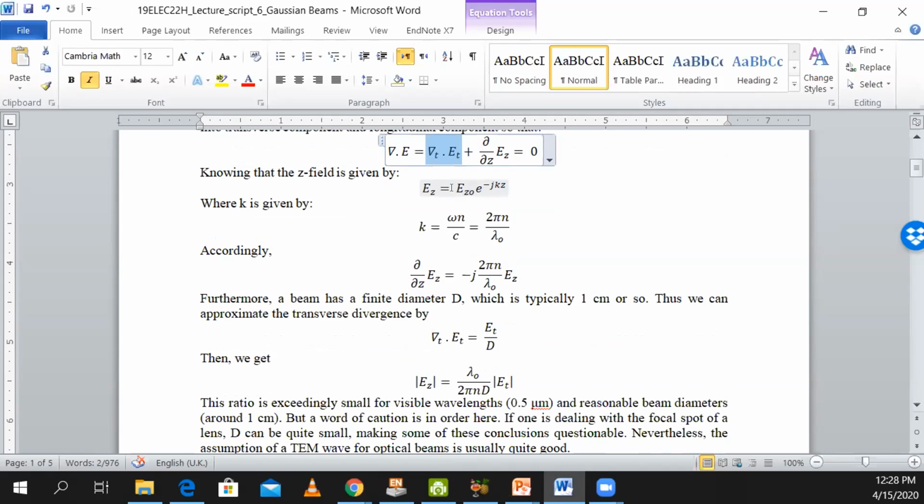But first, let me mention a very important point. It is very easy to convince you that light propagates in the form of a spotlight. So let me now shift to my slides.